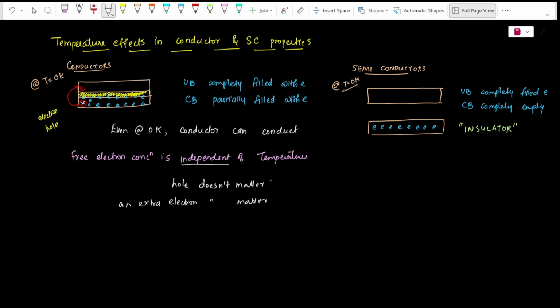So the conduction in the conduction band of a conductor is dominated completely by the free electron concentration at 0 Kelvin.